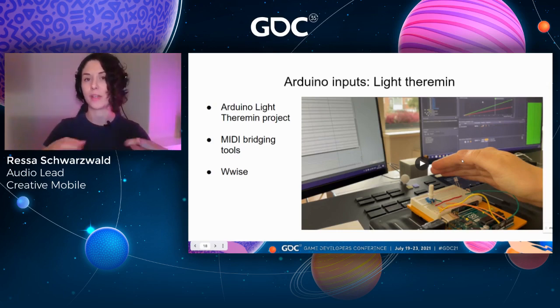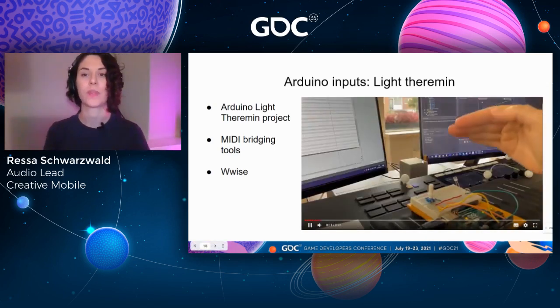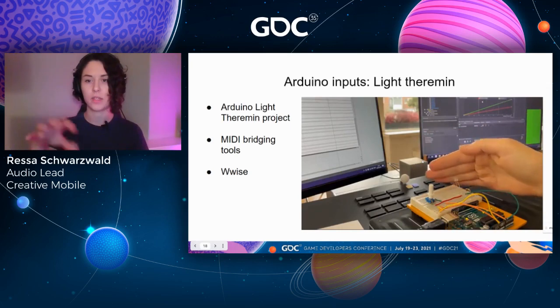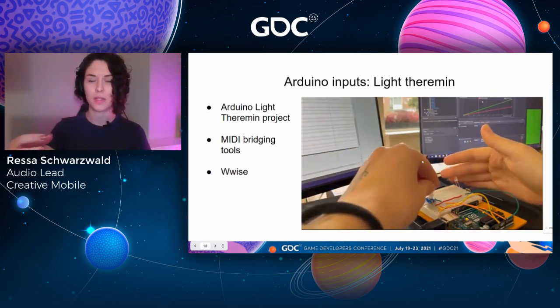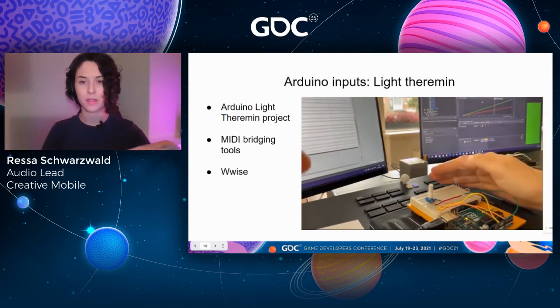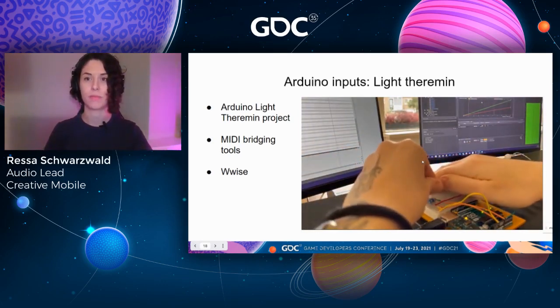That's how I can control the RTPCs in Wwise with the Arduino inputs. Here I have the photo transistor, which gets the amount of light getting into it, and it controls the pitch RTPC, and the second controller is the potentiometer, which controls the volume. That's how it works.